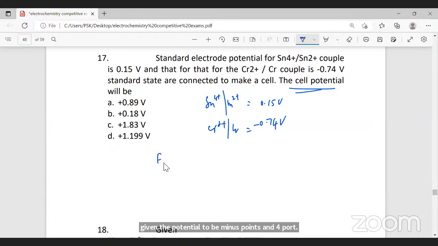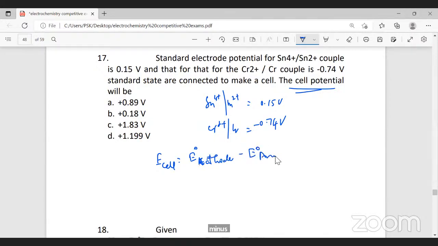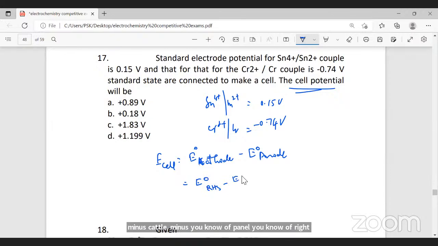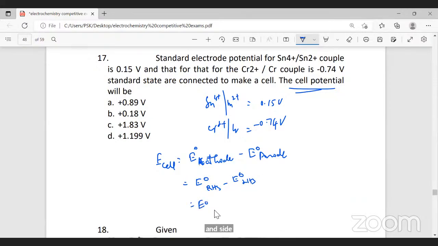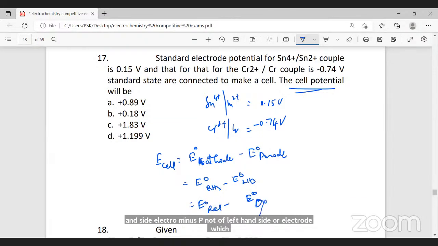Cell potential or EMF of the cell is given by the formula E naught of cathode minus E naught of anode. That is, E naught of the right-hand side electrode minus E naught of the left-hand side electrode, or the electrode which undergoes reduction minus the electrode which undergoes oxidation.